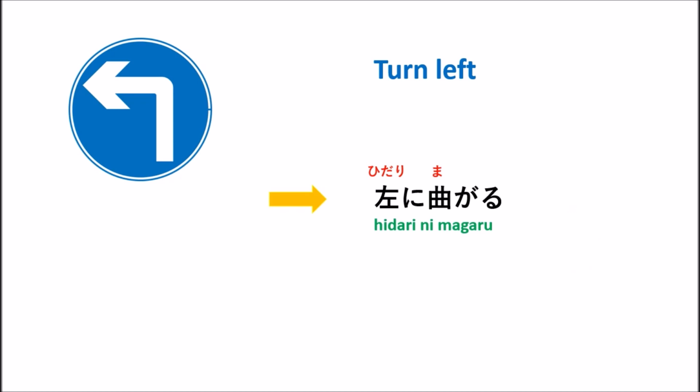Here we use the word hidari and the verb magaru. Hidari means left and magaru means turn. You just put ni between hidari and magaru. Hidari ni magaru means turn left.